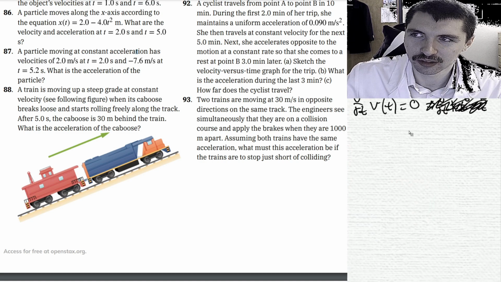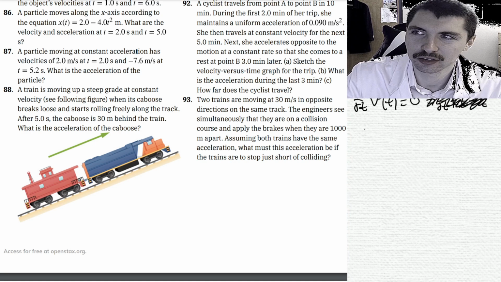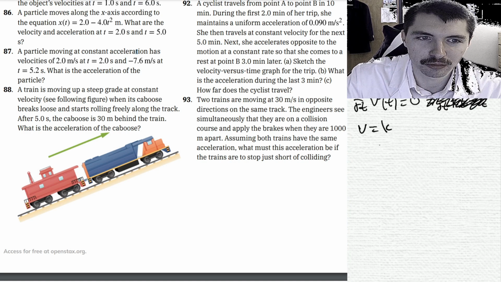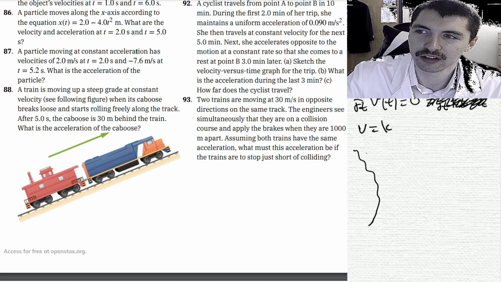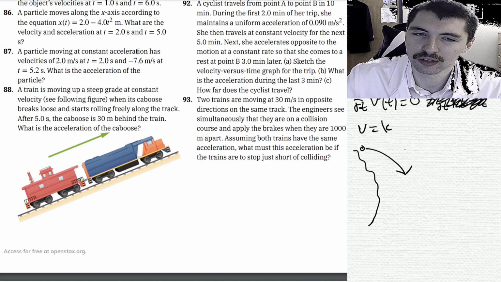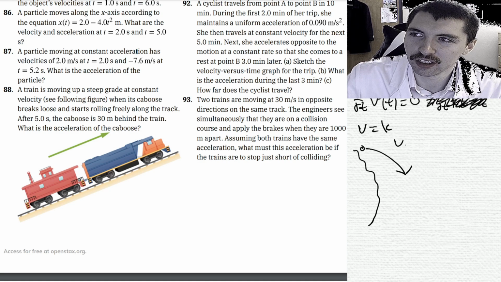Okay, so it seems to be similar to the free fall problems. So I could just rewrite this as some mountain and a rock falls down. V naught is k.